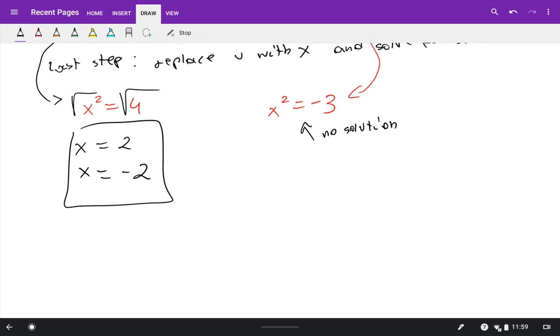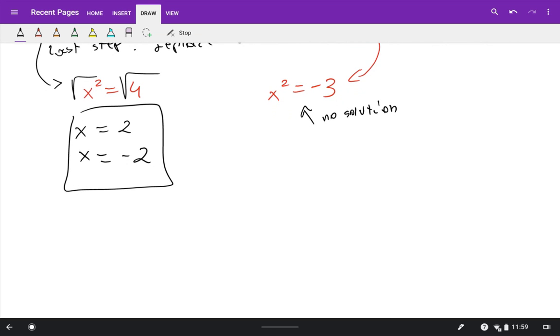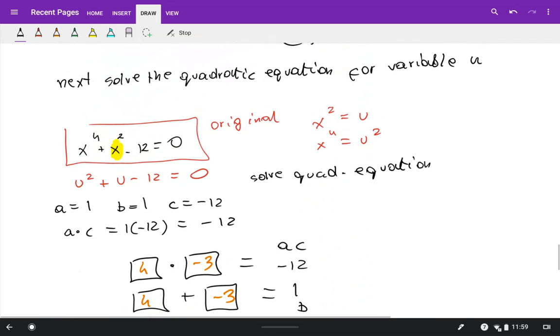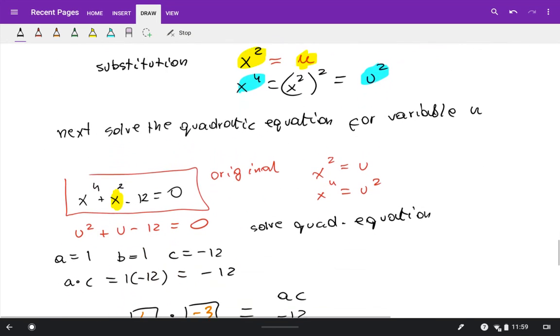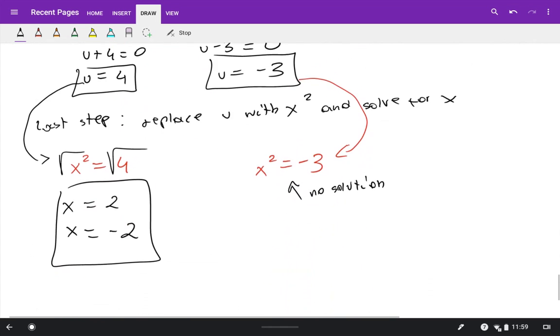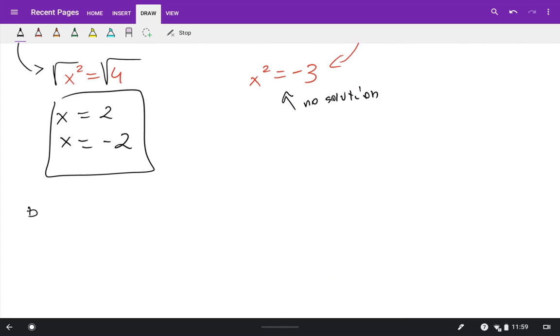So let's practice. Let's use this method and solve a different type of problem. So let's do B. Here, we're also going to use substitution.